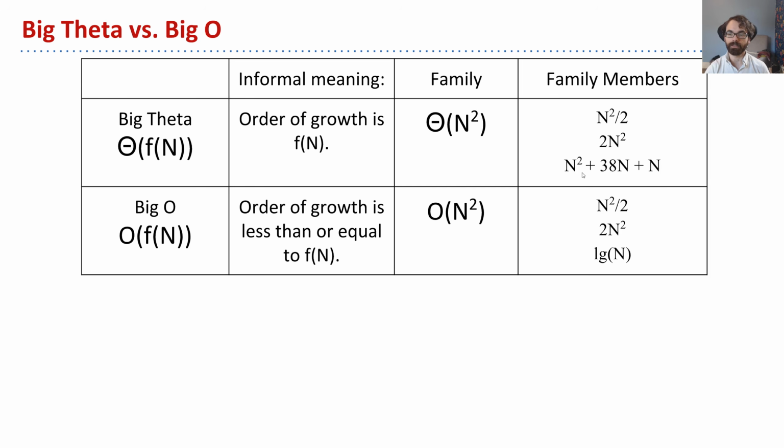By contrast, Big O is a family which is more inclusive. When we say Big O of n squared, that includes n squared over 2, 2n squared. It also includes n squared plus 38n plus n, and it also includes even smaller functions like, say, log n. That's all there is to Big O, and we'll see why it's useful soon. And that's it for this video.